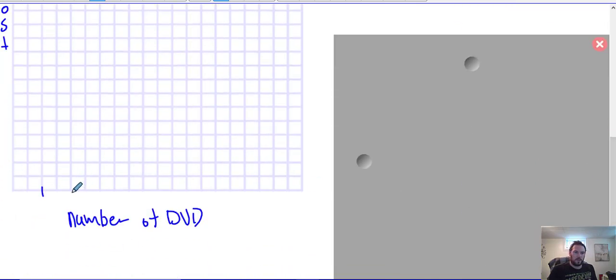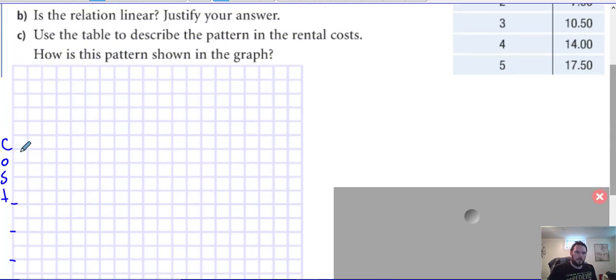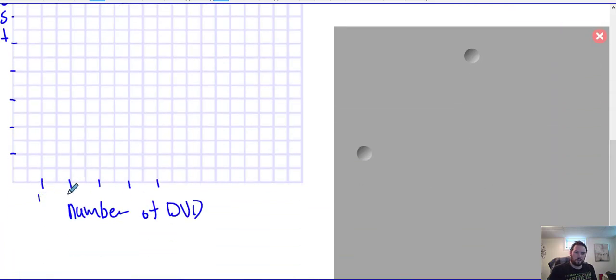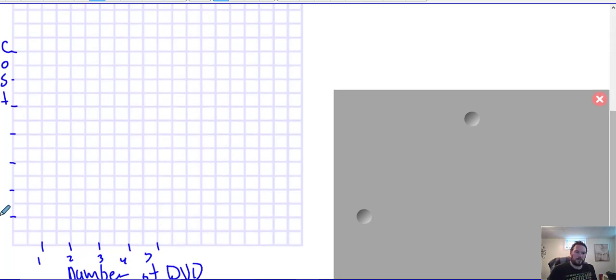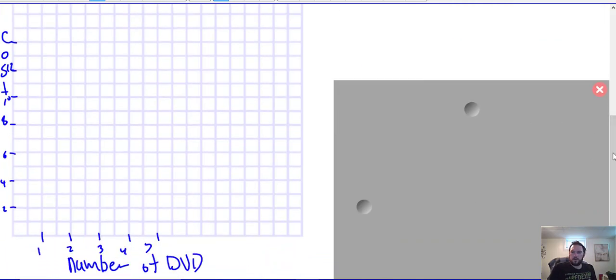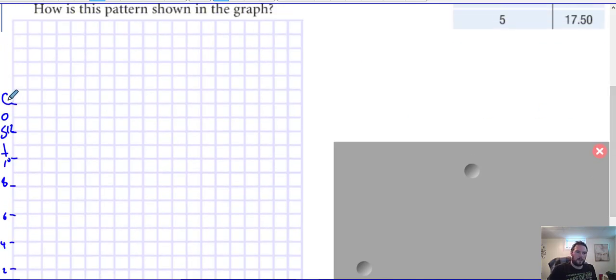So we're being told that for one DVD, it's $3.50. It makes sense to jump by ones on my x-axis. So 1, 2, 3, 4, 5. And then my y-axis, I can probably jump by 2. So 2, 4, 6, 8, 10, 12, 14, 16, and finally 18, because I need to go all the way up to 17.5. And now we graph.